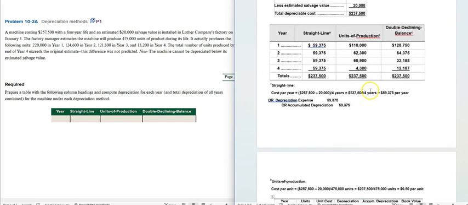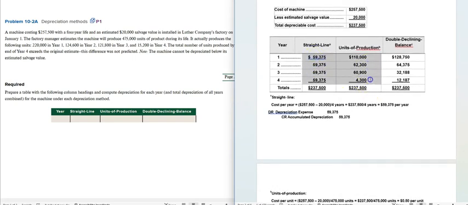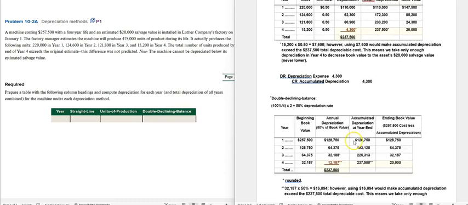And finally, we now have come up with the depreciation every year for straight line and units of production. Now let's do the same thing, but let's do it for the double declining balance method. Okay. And again, this is also going to be a two-step process.